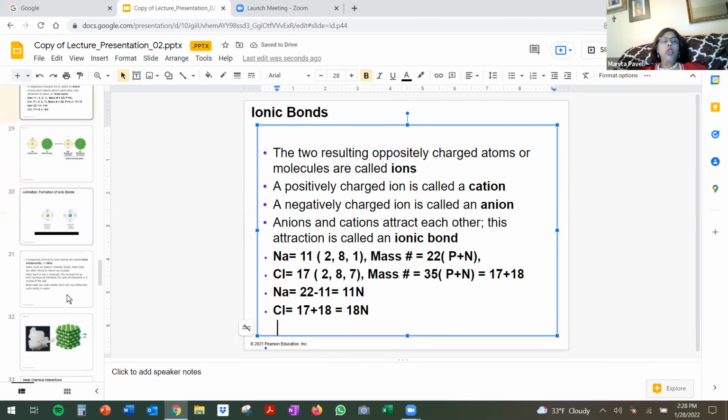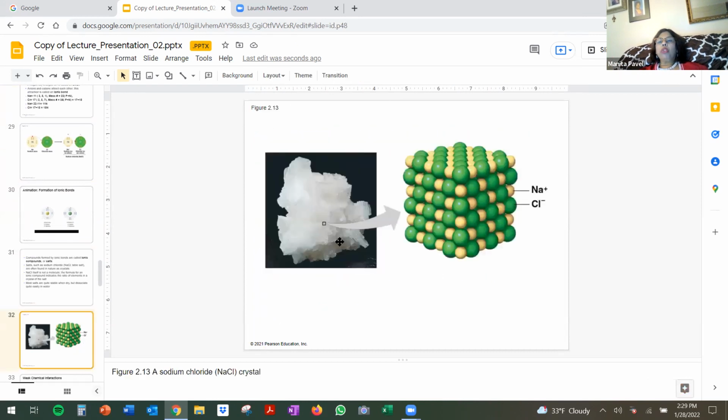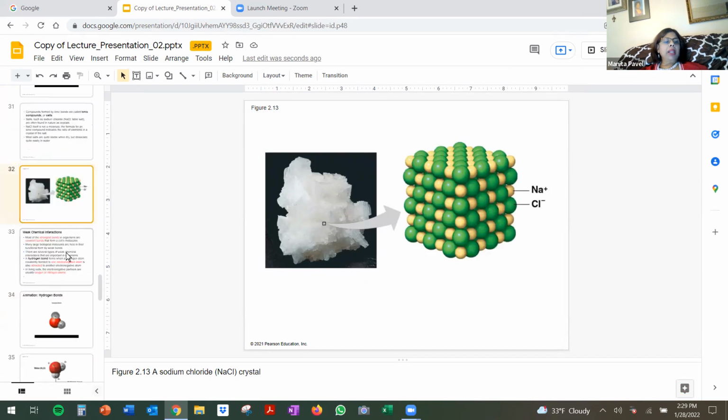So I would like you to go through the periodic table, which has the list of the elements with their atomic number and mass number, and keep practicing. The more you practice, you will become perfect and you have mastered the concept. I've put here just to show you what sodium chloride salt looks like.